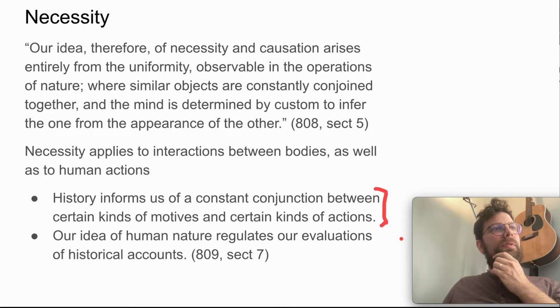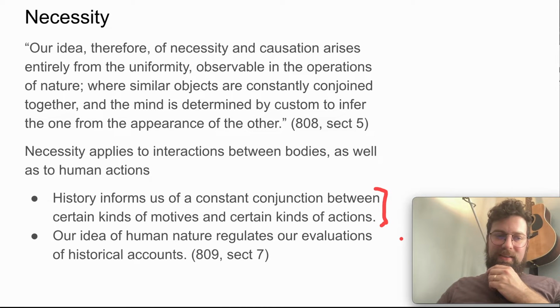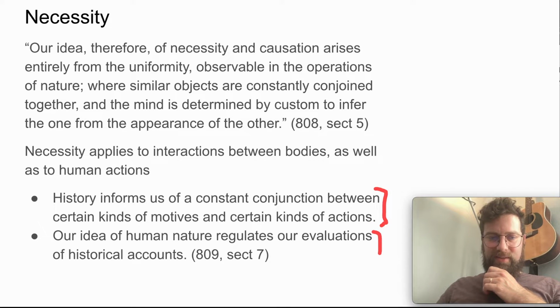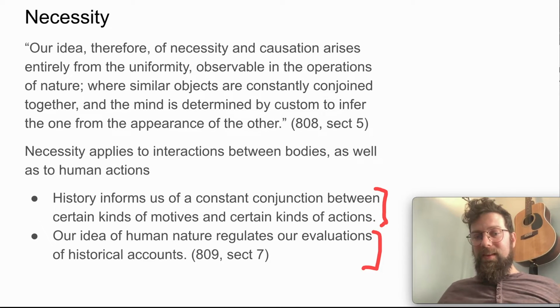He says, your belief in the regularity of human nature, that it's a predictable part of the natural world, regulates your evaluations of historical accounts.